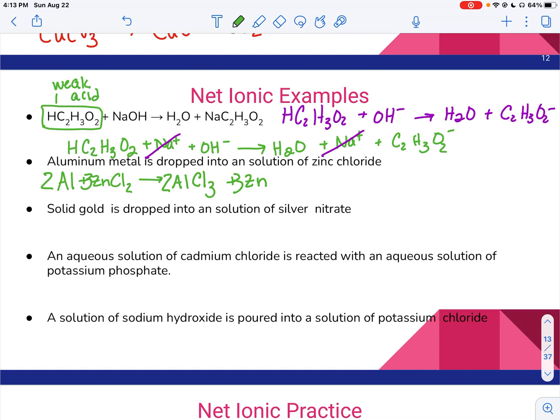Now here, we need to figure out whether zinc chloride is soluble or not. It's not one of the things we have to memorize. It's not sodium, potassium, or NH4, and it's not NO3.